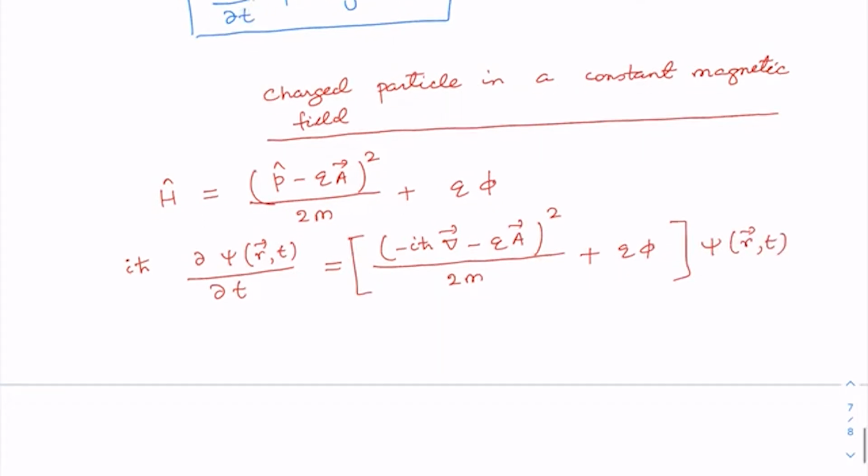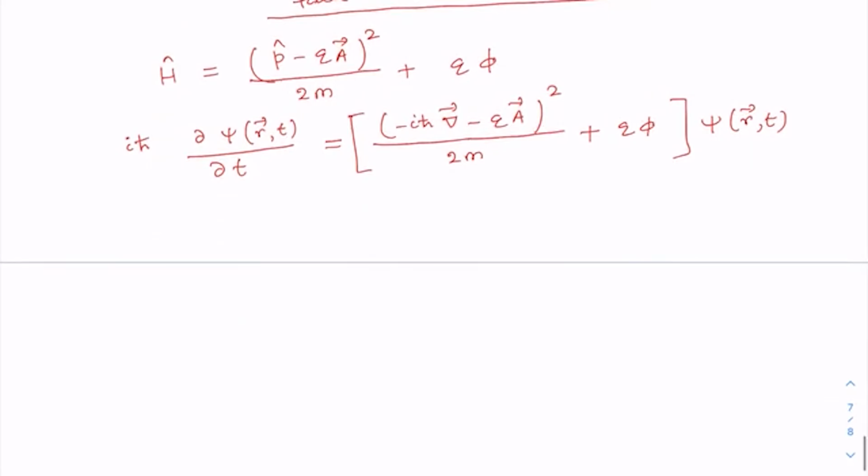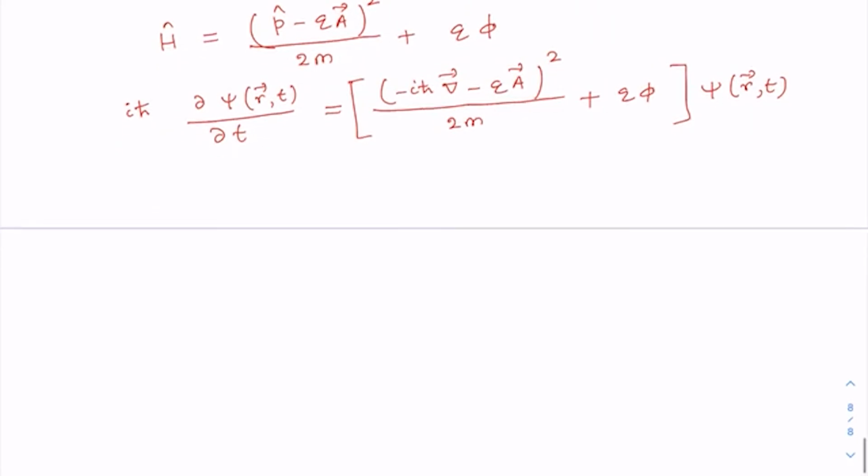Now exactly applying the same procedure that we have done for the normal Schrodinger equation, this continuity equation can be worked out, and the only thing here would be that this quantity j is going to be different.